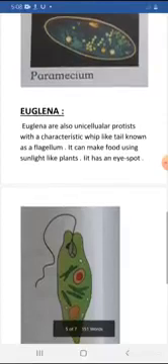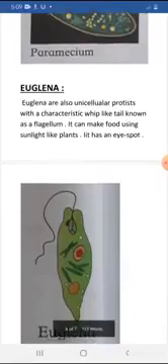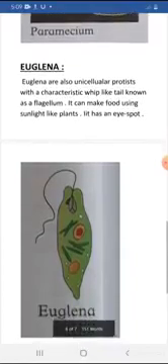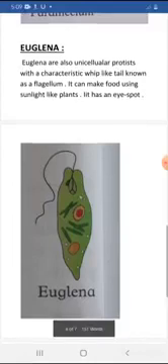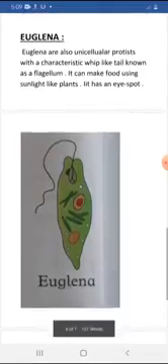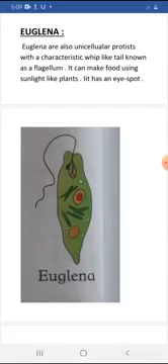It has a tail that is known as a flagellum, and with the help of the flagellum it moves about in the water. It has an eye spot, as you can see clearly in the diagram given here, and the eye spot is responsible for distinguishing between light and shade.